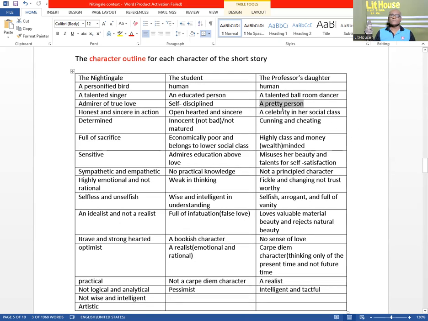Attractive woman. A celebrity. What is a celebrity? Celebrity means the most wanted, most sought out, most important, significant, highlighted person in society. Everybody knows him or her. Celebrity. You can be a celebrity because of your money. You can be a celebrity because of your education.